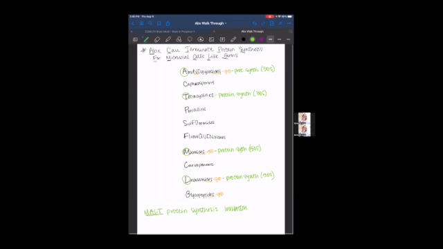All right, so now that we have those mechanisms of action, what about the rest of them?